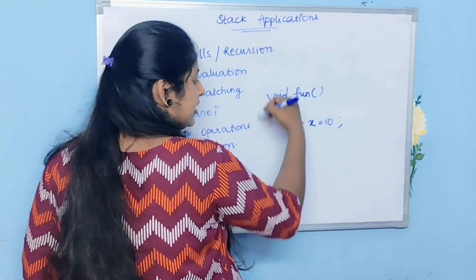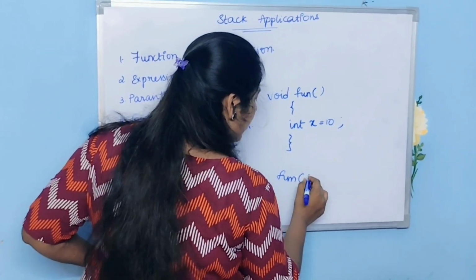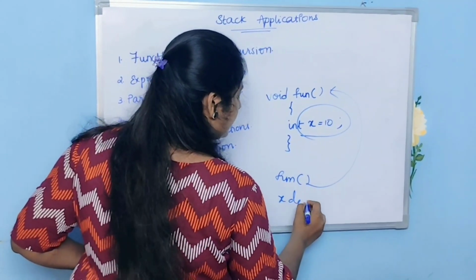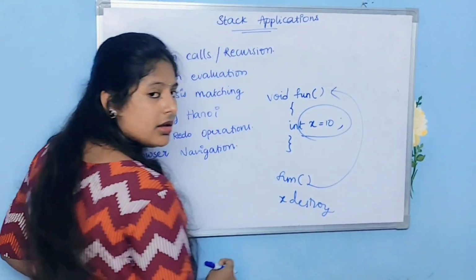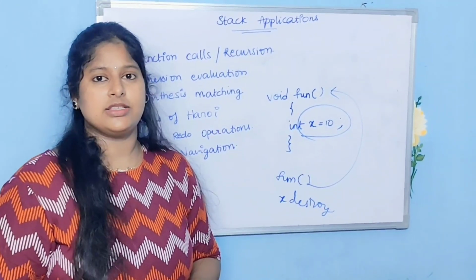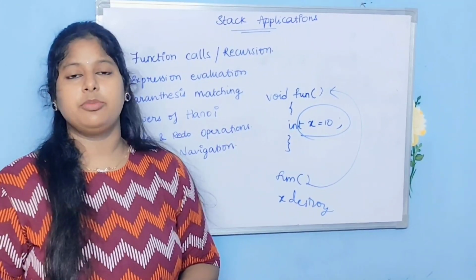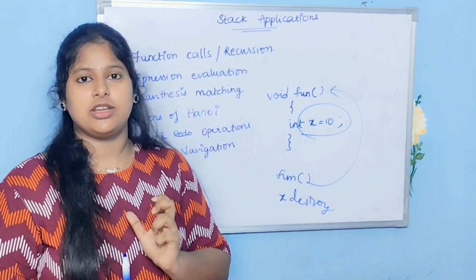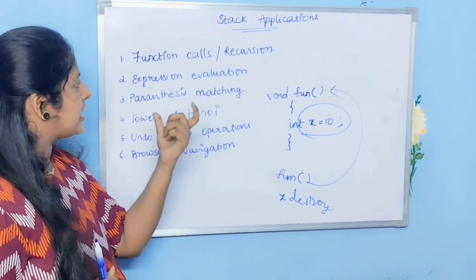Once after the function is called and execution is done, this variable will be destroyed, right? So these functions' variables, addresses, return statements, all these are stored in the stack. So stack is used as a temporary storage area. So for that, stack is used.